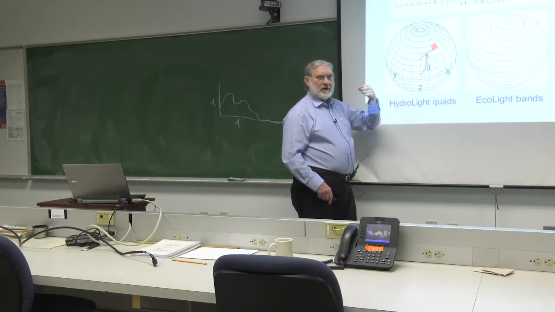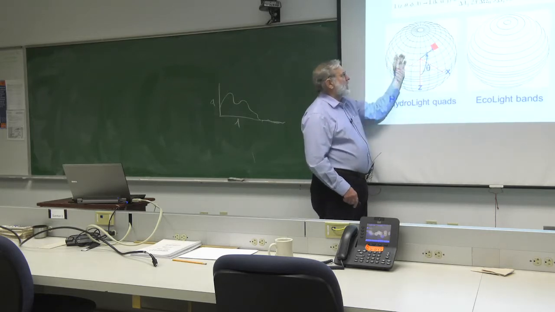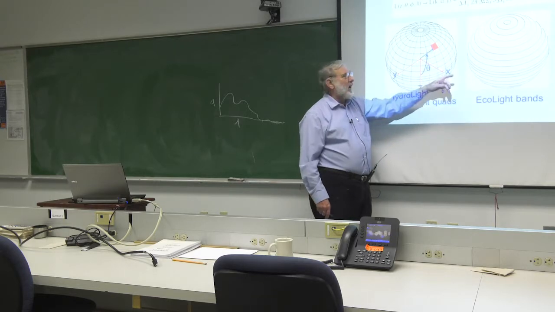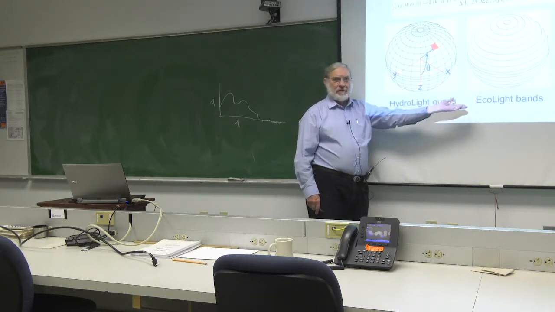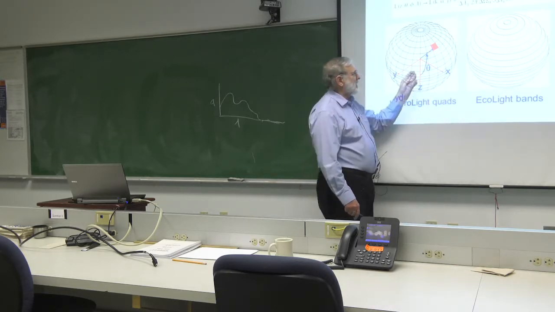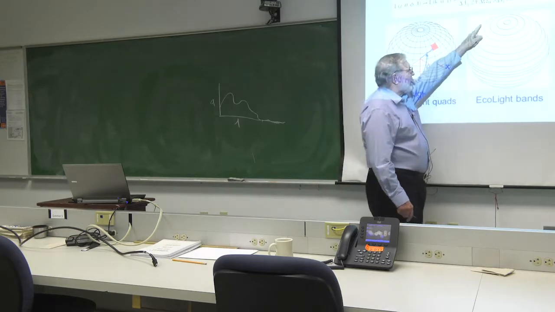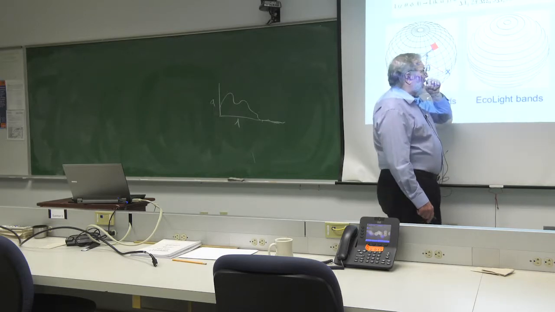But if you're going to compute Ed, for example, you're taking all of that information and integrating over direction anyway. So you're throwing away this detailed information when you integrate over the upper or lower hemisphere of solid angles to get your radiances. So what Ecolight does is it solves an azimuthally averaged radiative transfer equation.